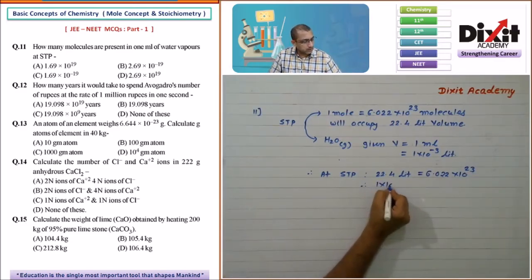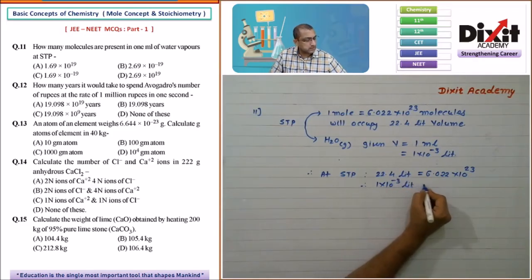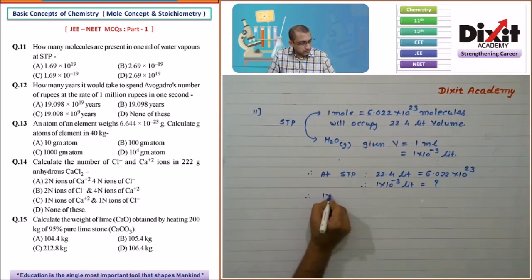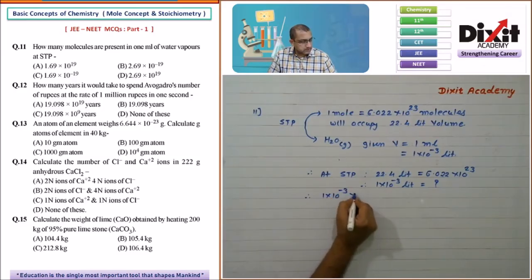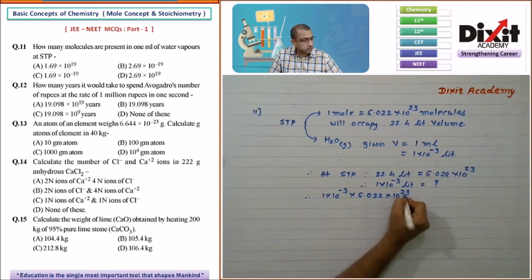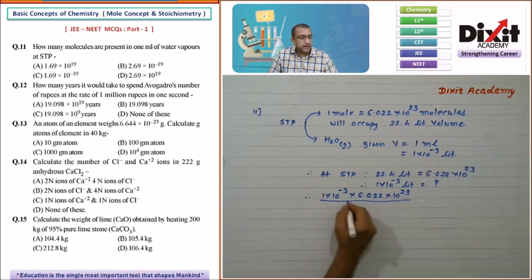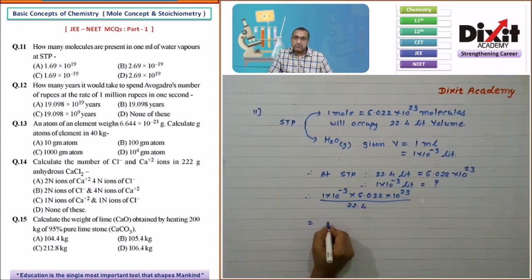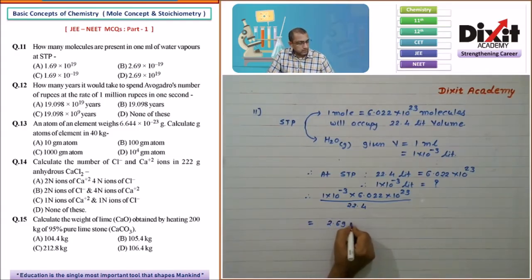Therefore 1 into 10 raised to minus 3 liters will contain how many molecules? Cross multiply, get the answer. So therefore 1 into 10 raised to minus 3 into 6.022 into 10 raised to 23 divided by 22.4. After simplifying, the answer figures out to be 2.69 into 10 raised to 19. Option is D.